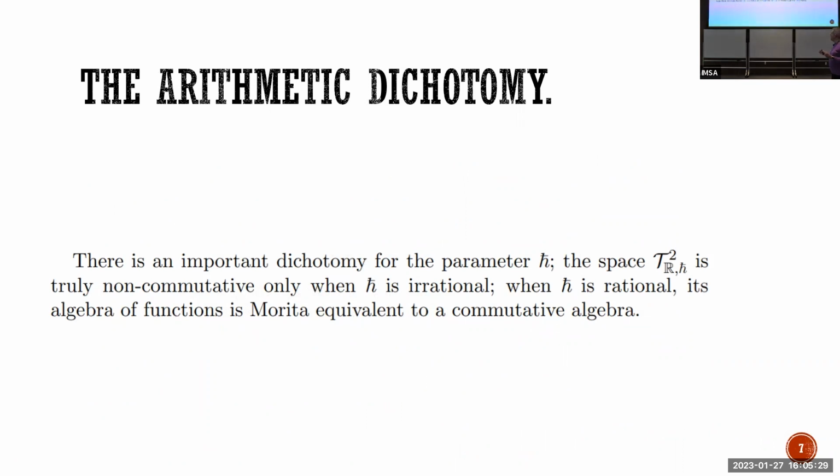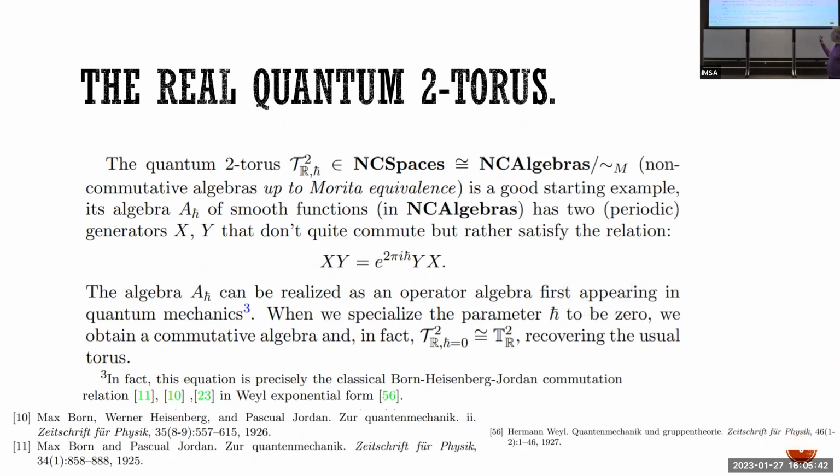H bar complex is also very important, but I will not treat that case, although it's important in many contexts. Today h bar is a real number, and so we get all these quantum tori, deformations of the ordinary torus. I was talking about the real torus, but we will also need the complex version. Nevertheless, h bar will remain real in all this story today. And so there is a very important dichotomy for the parameter h bar in this theory of Alain Connes, and it is that the space is truly non-commutative only when h bar is irrational. When h bar is rational, although the algebra is officially non-commutative, it is Morita equivalent to a commutative algebra. The category of modules is the same as that of modules for a commutative algebra rather than a non-commutative algebra.